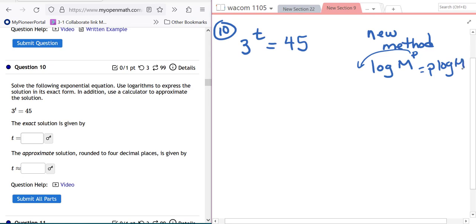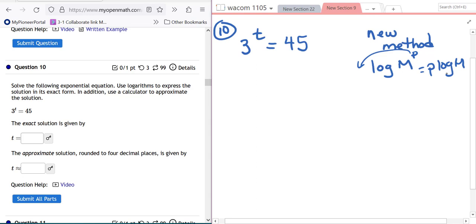We're going to take a logarithm of both sides, and you do this when you are trying to solve for a variable that's in the exponent position. So t is an exponent. We want to solve for it. We couldn't do the bases the same. So we're going to take a logarithm of both sides.